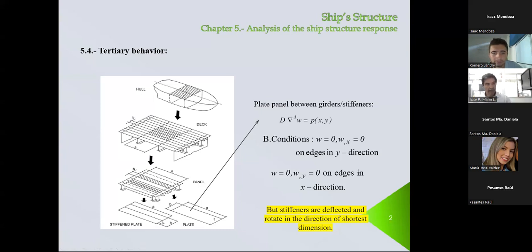Now, in yellow, we discussed that you have to accept that it's not completely correct. Why not? Because you have a stiffener, you have the plate, you apply the pressure, and this deforms. Once it deforms, it is not clamped anymore. But when it bends like that, the stiffener rotates a little bit. So it allows you also to include this redistribution of the bending moment because the slope is not zero.